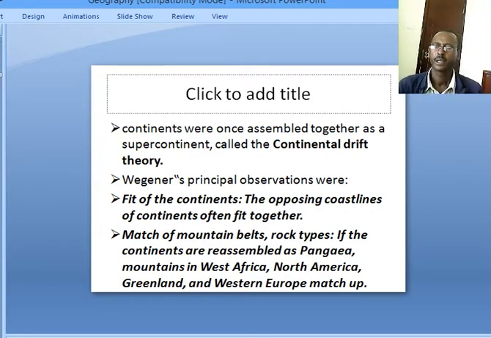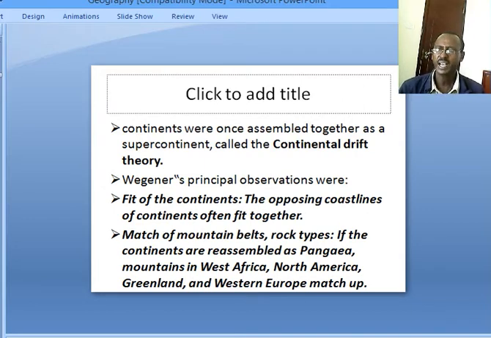Wegener, a scientist, made a principal observation to show that continents were once assembled together: the fit of the continents.